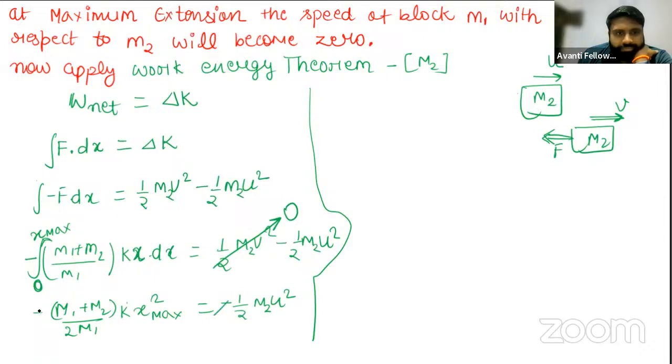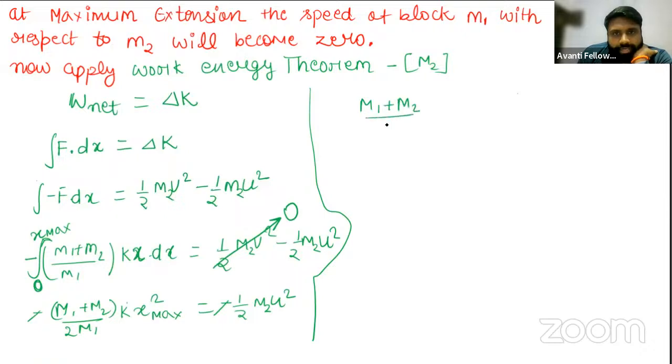Here you can cancel out this minus term from both sides. So what you will have? You will have (m1 plus m2) by m1 times k x max square is equal to 1 by 2 times m2 into u square. 2 and 2 will also cancel out.